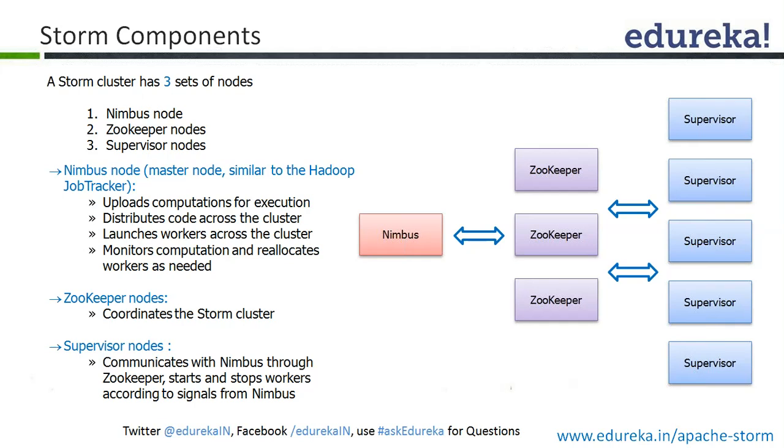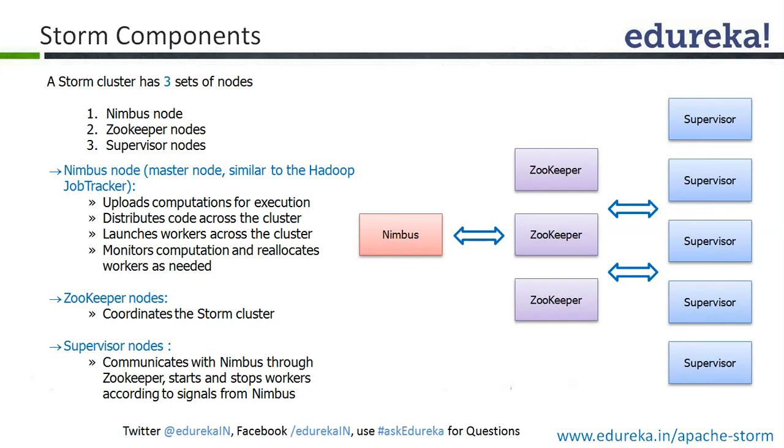Now, this comes as a dotted line. You have just submitted it, but then Zookeeper continuously monitors your processes. If there is some failure, that information is sent back to Nimbus, and Nimbus will be responsible to resubmit it.